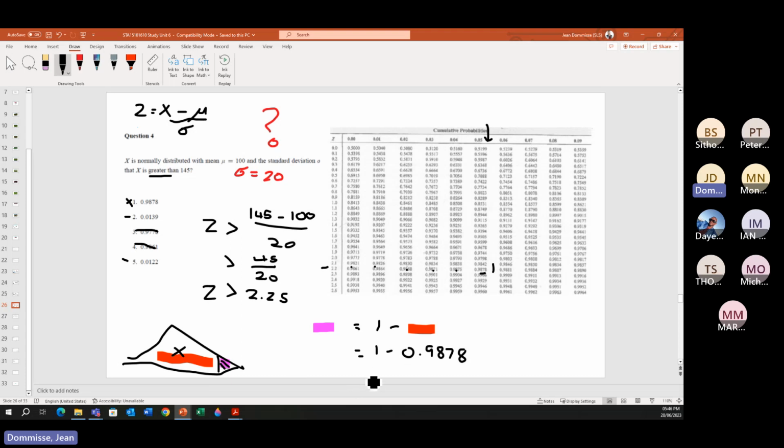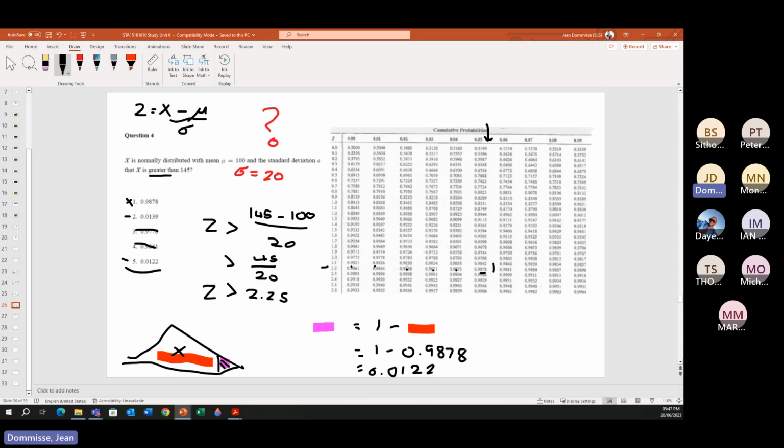Okay, so 1 minus 0.9878 will give us 0.0122. So we've got the final answer as 0.0122, which is option 5.